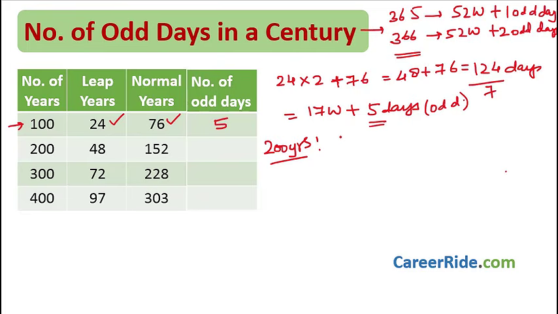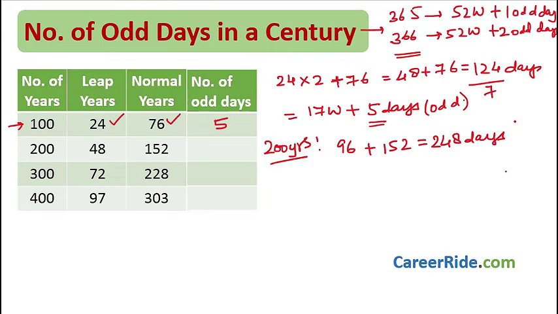So 48 leap years means 96 odd days, because each year has 2 odd days, plus 152 normal years with only 1 odd day every normal year. So the total here becomes 248 days, right?